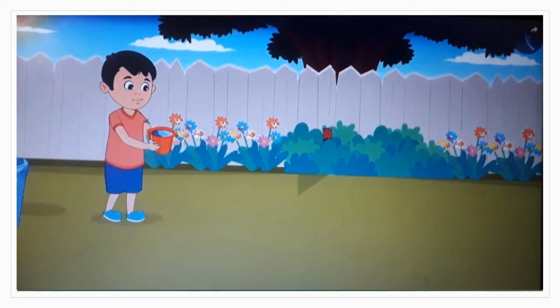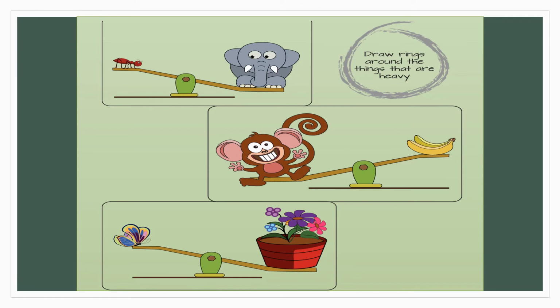Draw rings around the things that are heavy. First picture, which thing is heavy? Tell me children. Yes, very good. Elephant is heavier than ant. Now next picture.